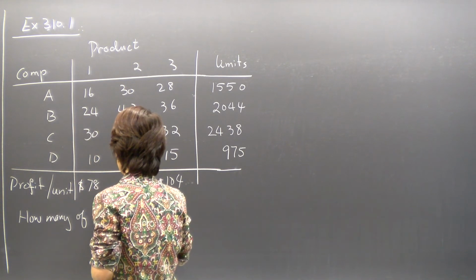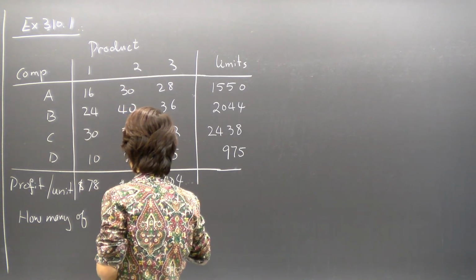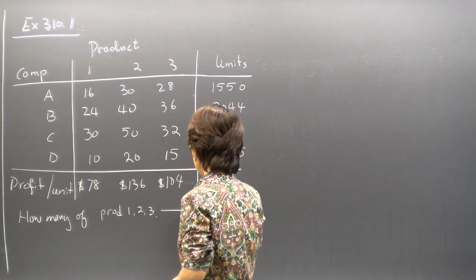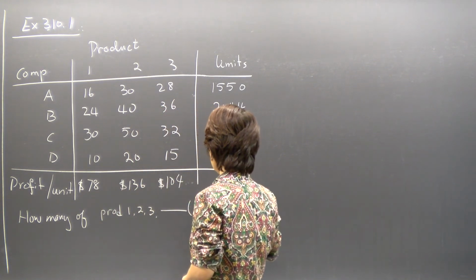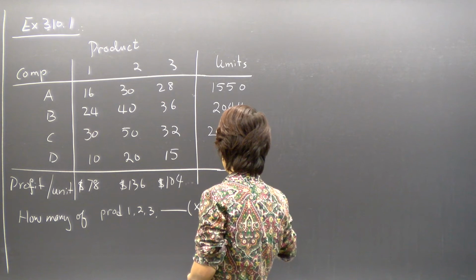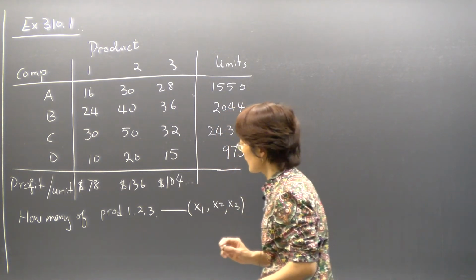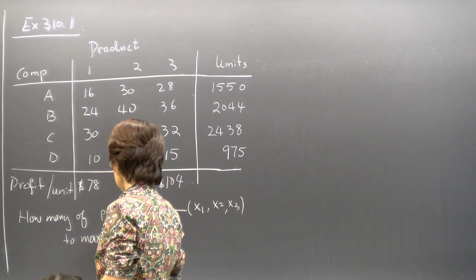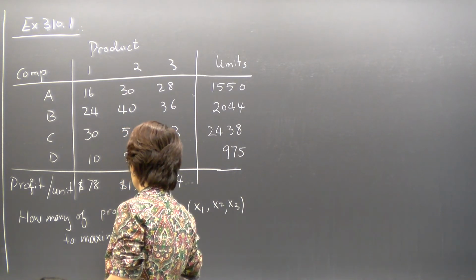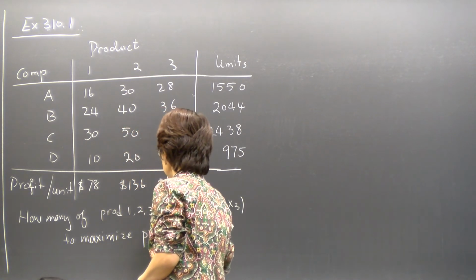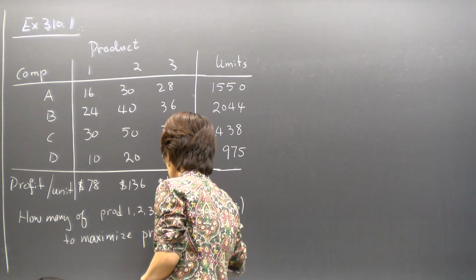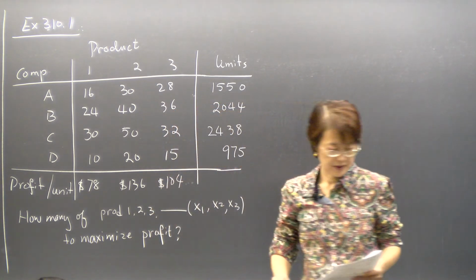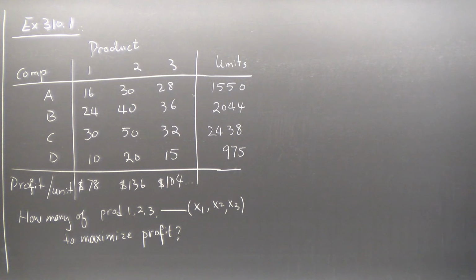So product 1, 2, 3. Let's declare these as my variables, x1, x2, x3. So how many of each should I make to maximize the profit? Okay. So is it clear, the setting?